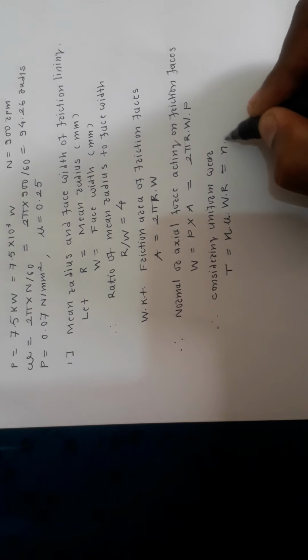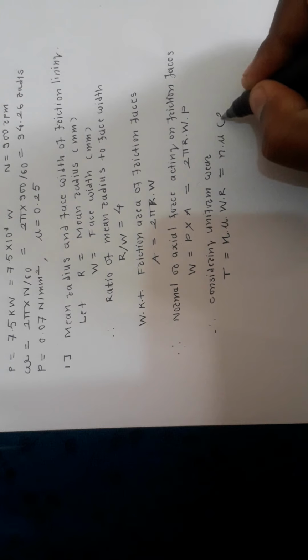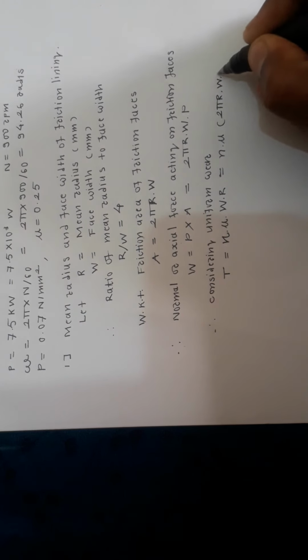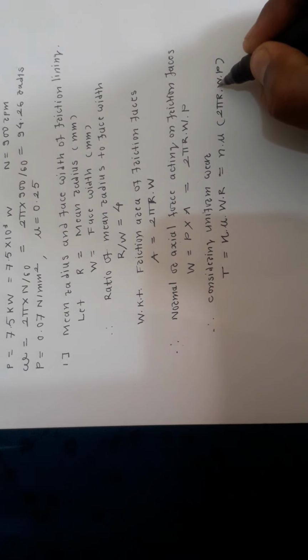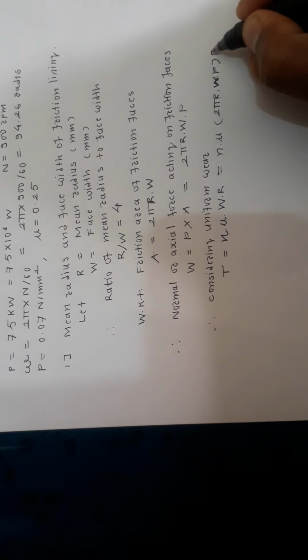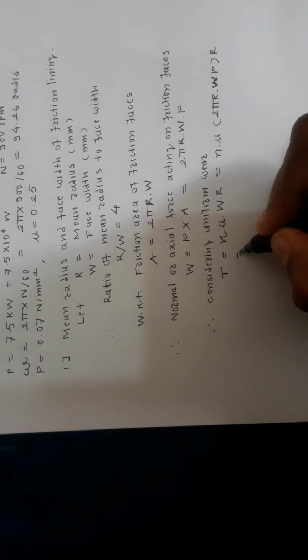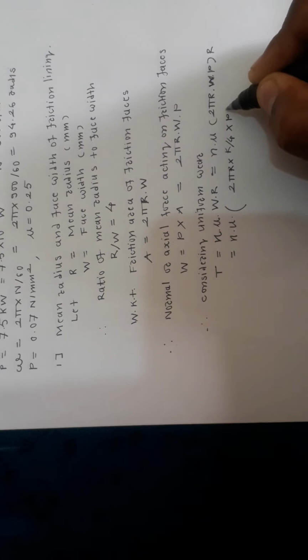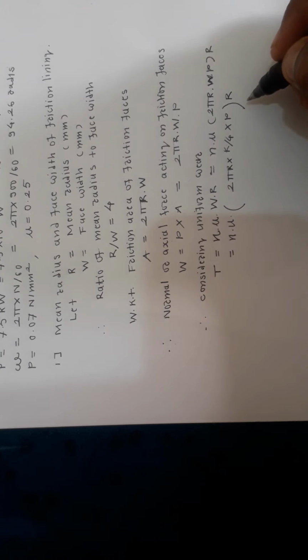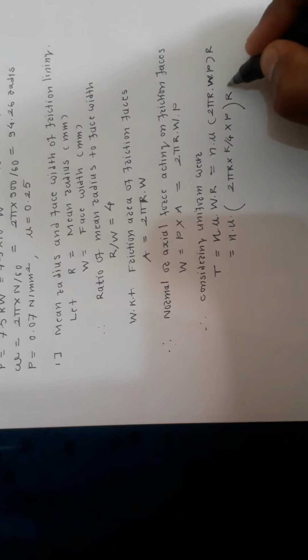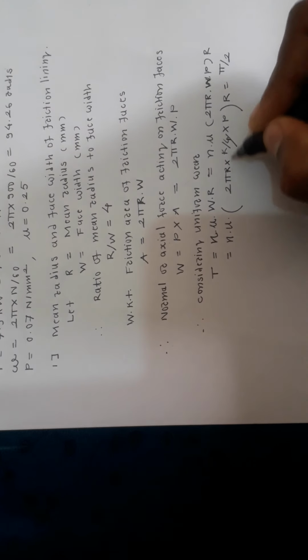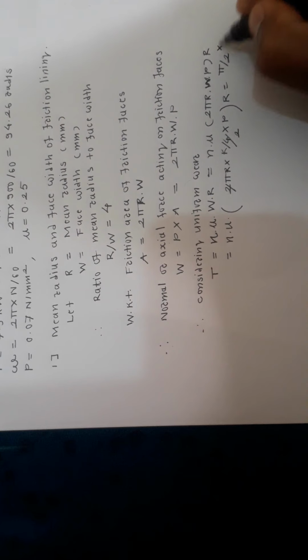So therefore, N into mu into 2 pi R into W into P, where this is the small w and this is capital R. If you simplify, you get N into mu in bracket 2 pi R into R divided by 4 into pressure intensity P, and again outside the bracket this particular R. So this will be pi by 2, and the simplified version is N into mu into P into R cube.